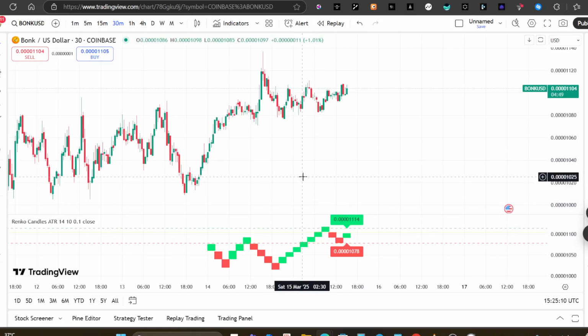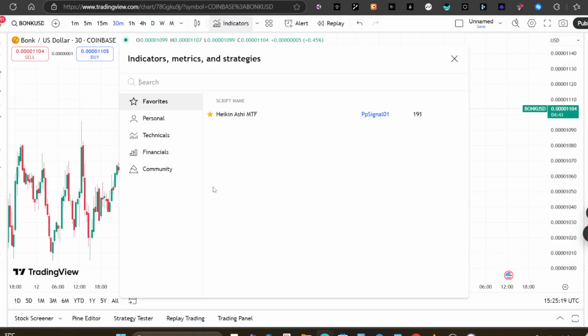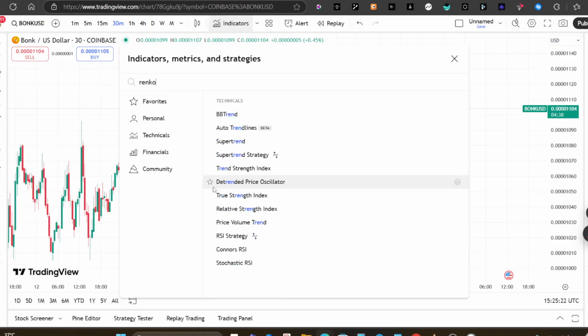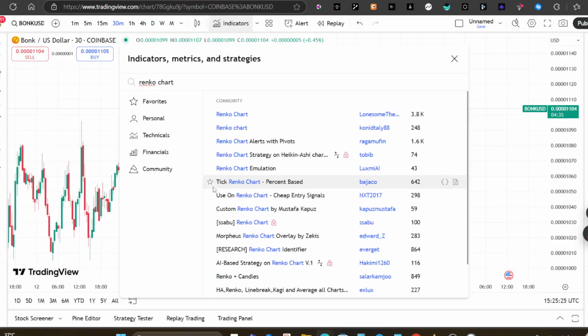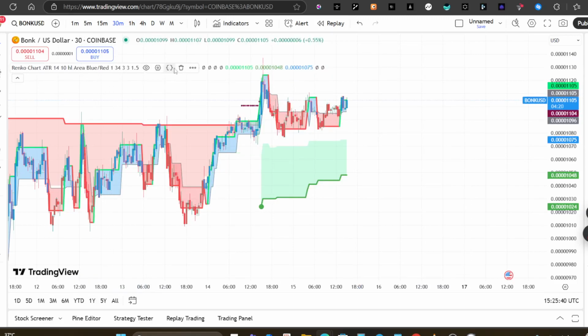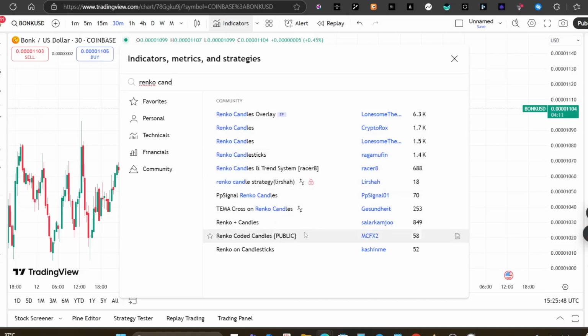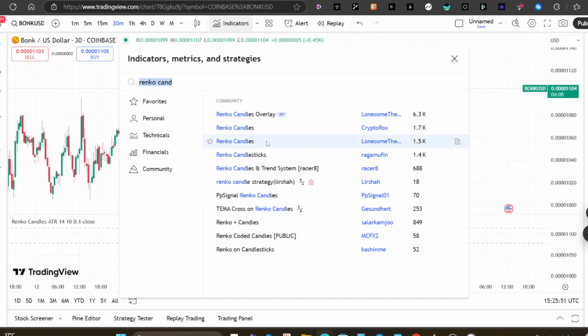So we're going to be adding the Renko candles. You know that we have a lot of indicators here on Trading View, so sometimes the indicators might have the same name but be displaying different things, right?